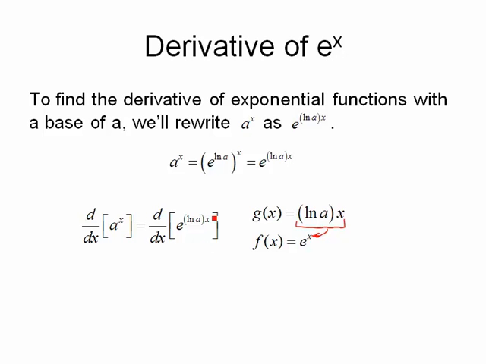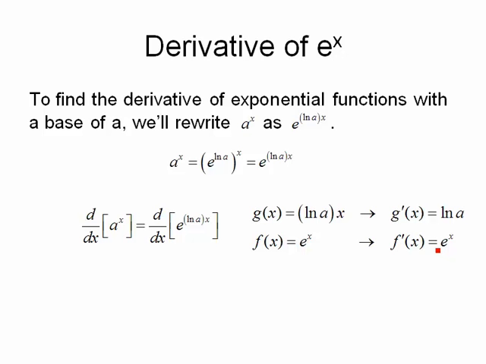That tells me that the chain rule is an appropriate thing to use here. The derivative of g, ln of a is just some number, so the derivative of a number times x is just that number, so ln of a. The derivative of f, like we just saw, is just e to the x.